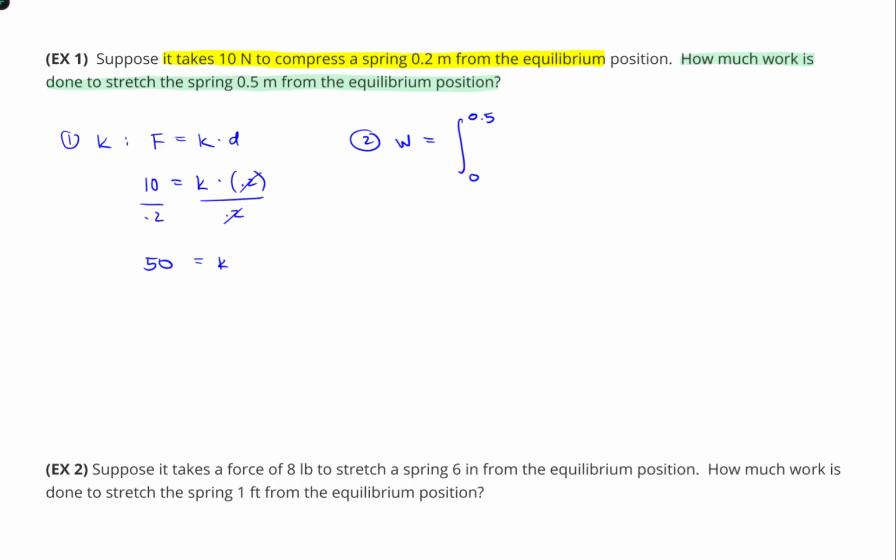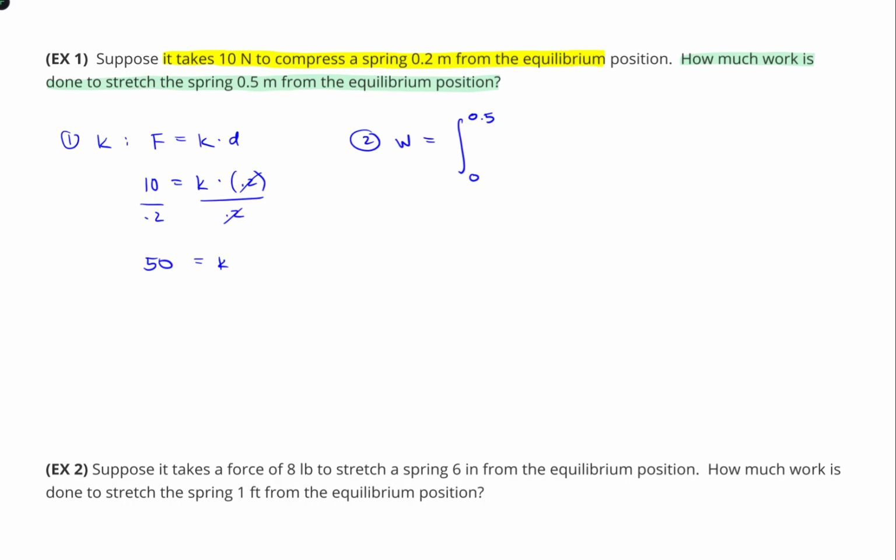Sometimes the question will say how much work is done to stretch it an additional 0.5 meters, and that means you would start at 0.2 and go to 0.7. So be careful in the wording. But this is saying 0.5 meters from the equilibrium, so from 0 to 0.5.